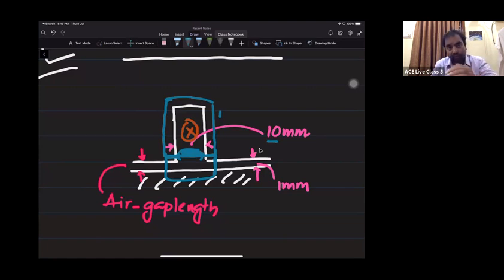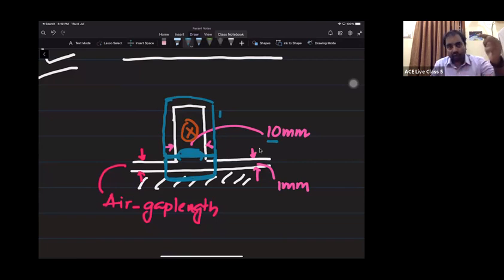When it is crossing the air gap, what is the length of air it has to travel? 1 mm. And this is the rotor core. Again, from the rotor core back to the stator, it has to travel 1 more mm. So in the second possible path, it has to travel only 2 mm in air.